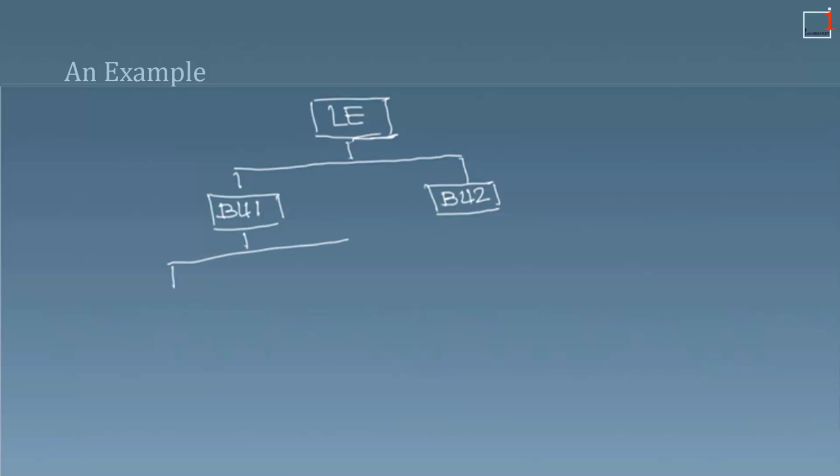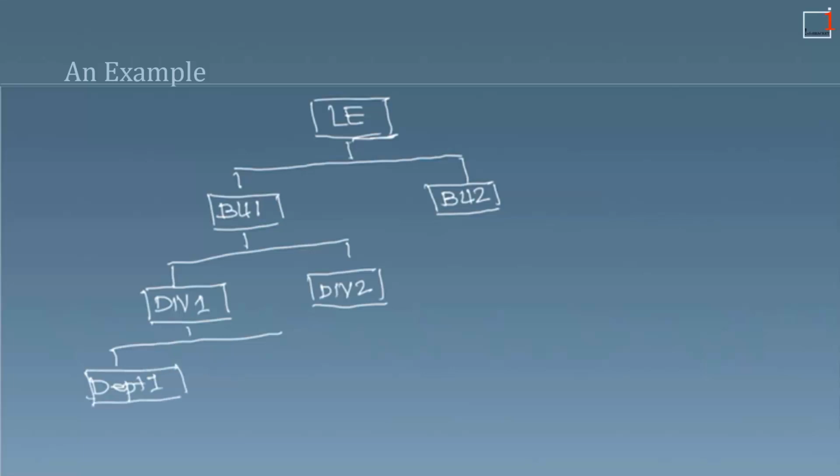Say we have two divisions, division number 1 and division number 2, and inside division 1 we have departments, say department 1 and department 2. So this is our org structure basically, right?